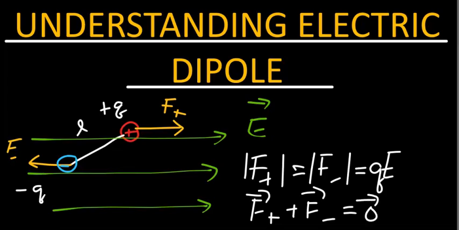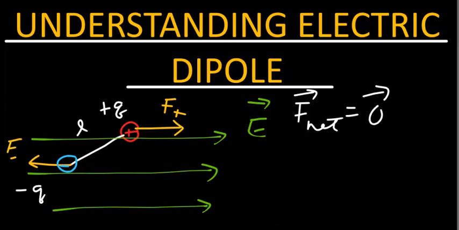So we say the net force on an electric dipole in a uniform external electric field is 0. You can notice that these two forces don't act along the same line. So their torques don't add up to 0. Assume that we attached an axis of rotation in the middle, coming out of the plane.